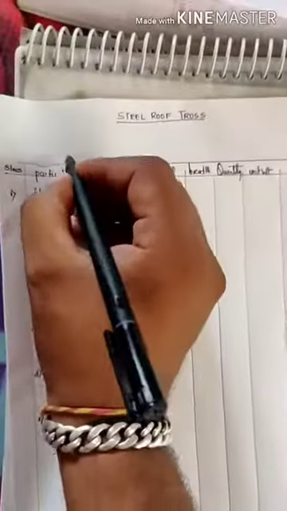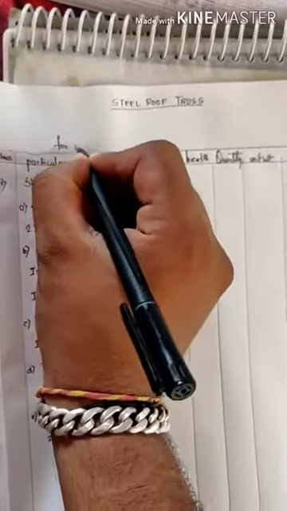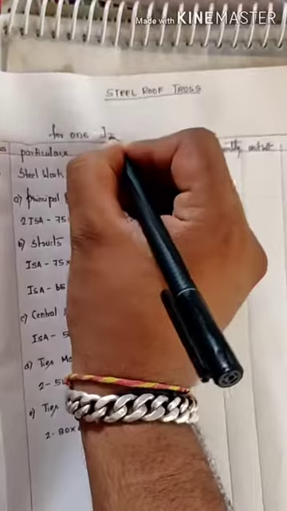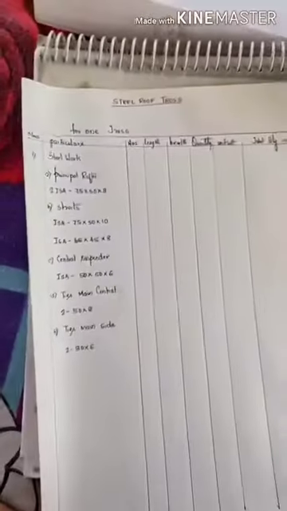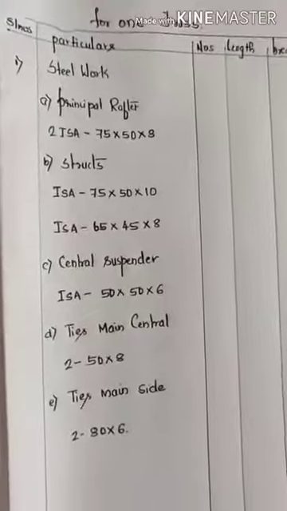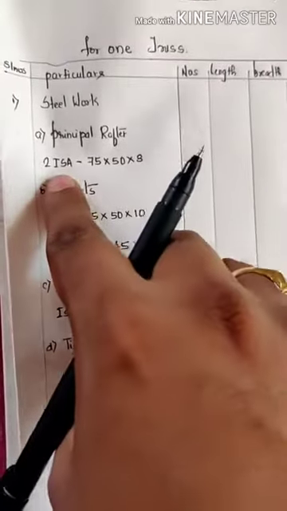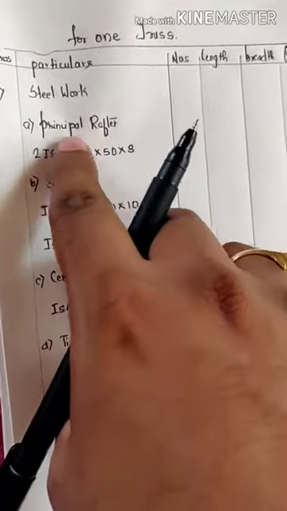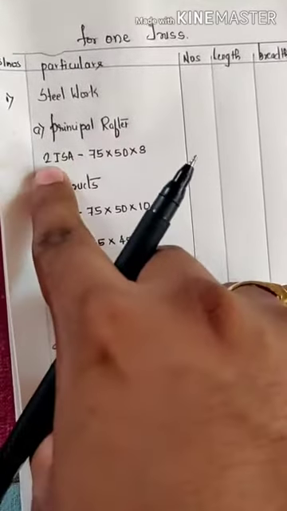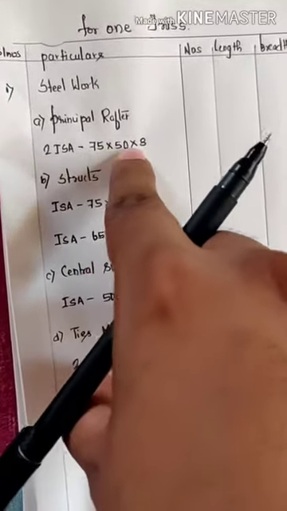So whatever quantity calculation I am going to consider here is for one truss. Now, the angle used for fabrication of the principal rafter is 2 ISA 7550.